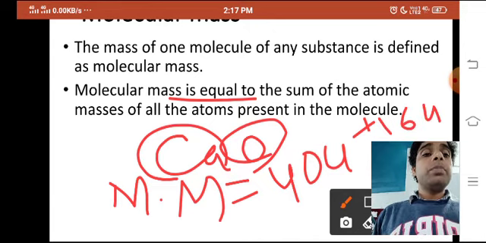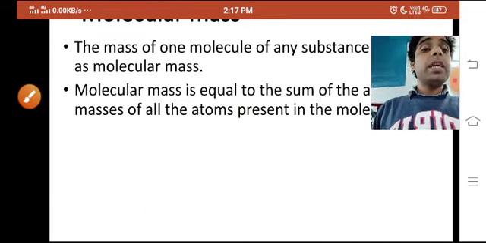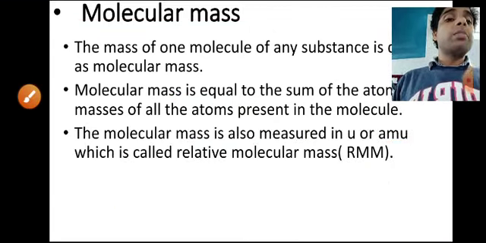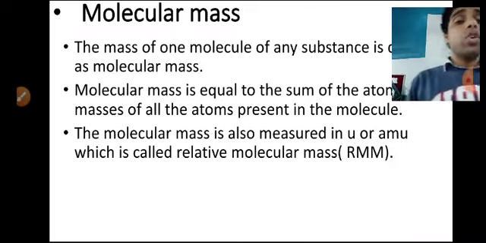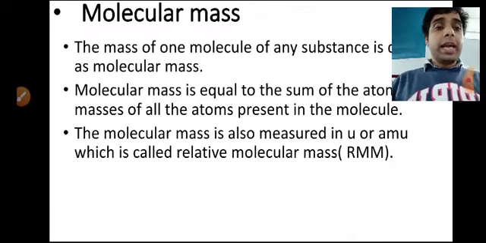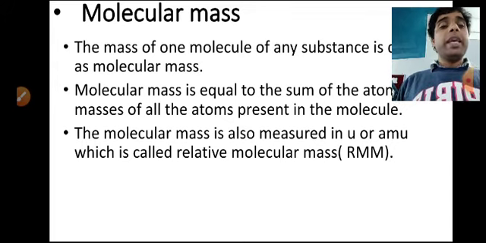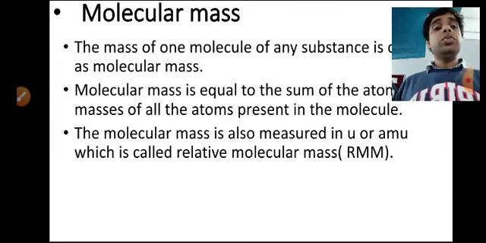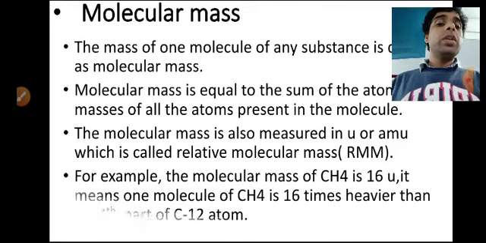So 56 U would be the answer. That is the molecular mass, and it is also measured in U or AMU, atomic mass unit, which is called relative molecular mass.